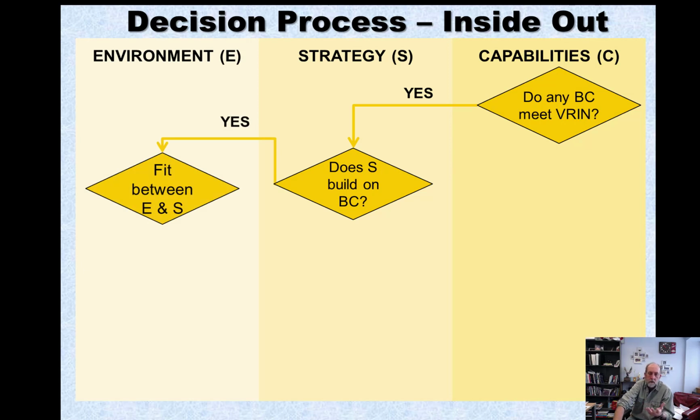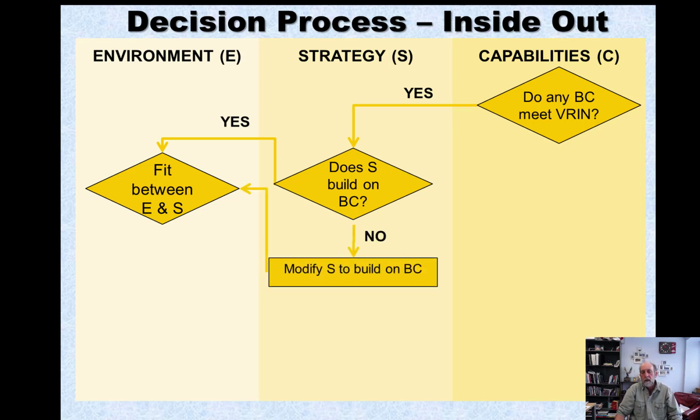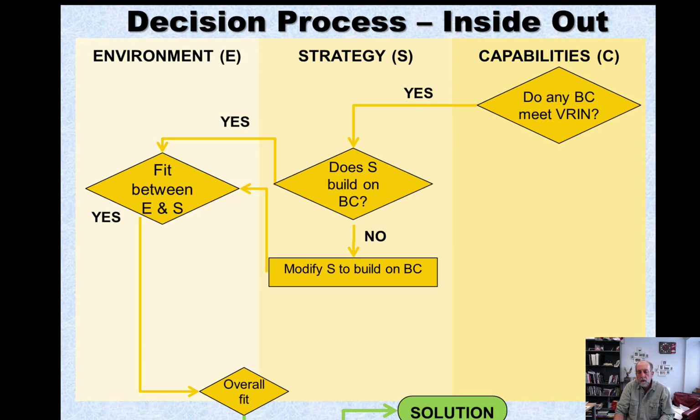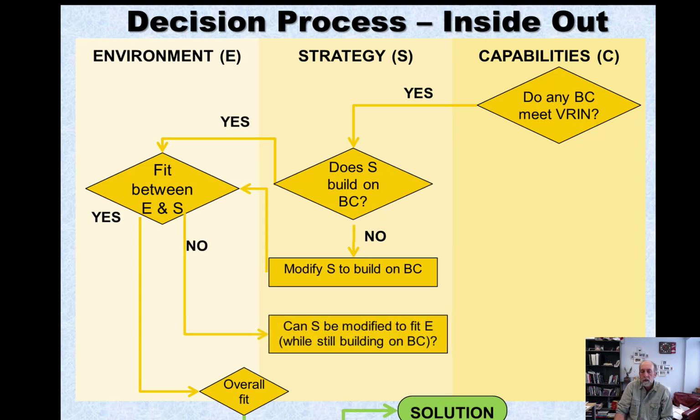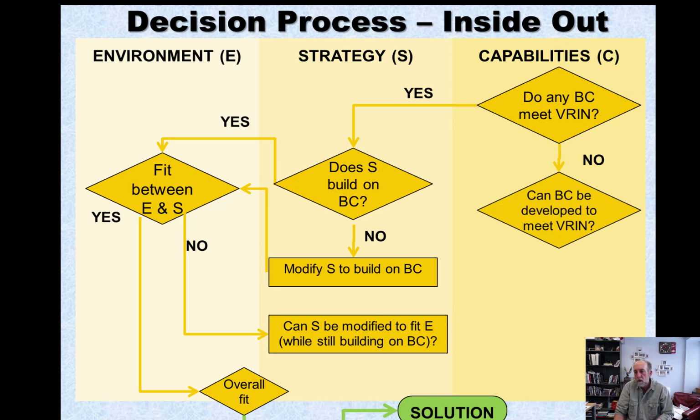If it's yes, then we look at the fit between environment and strategy, feeling pretty good. If the strategy does not build on the right capabilities, then we need to modify it and then move back to the environment. Now we've got a good overall fit. Again, life would be nice if all this worked, but sometimes we start out and our answer is no. All right.